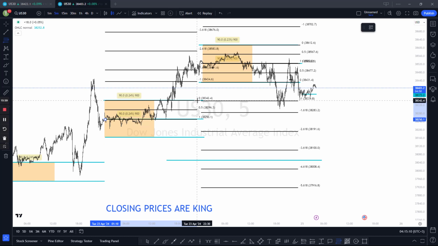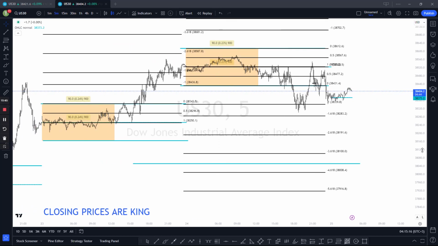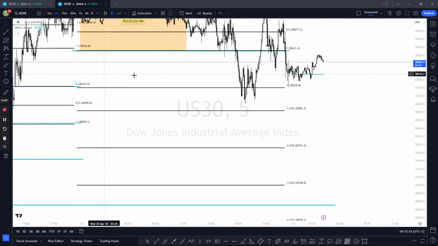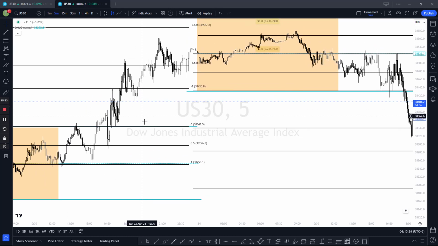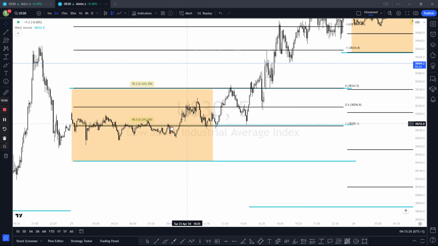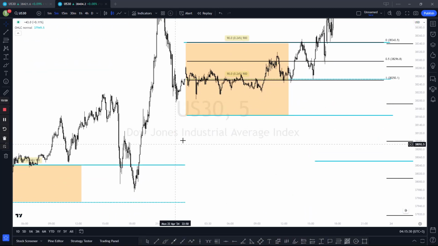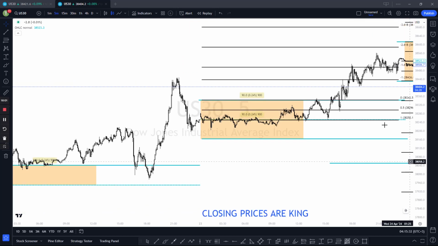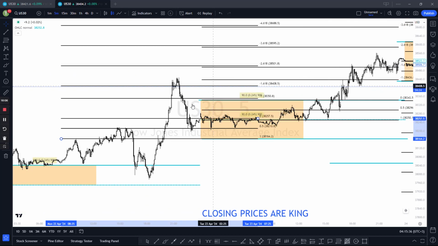So check this out. These are levels. So if you're looking again to take profit from confluence points, these are very consistent. You can use these over and over again. 90 points up, 90 points down.